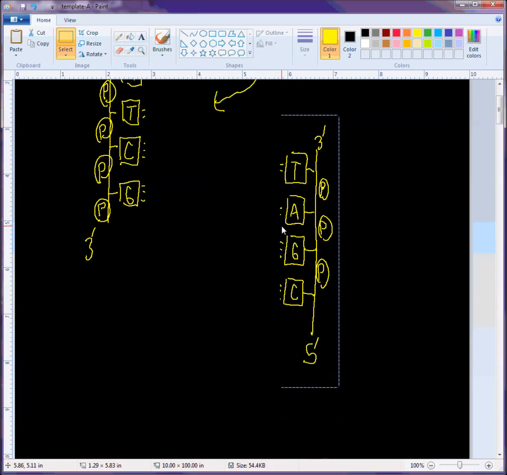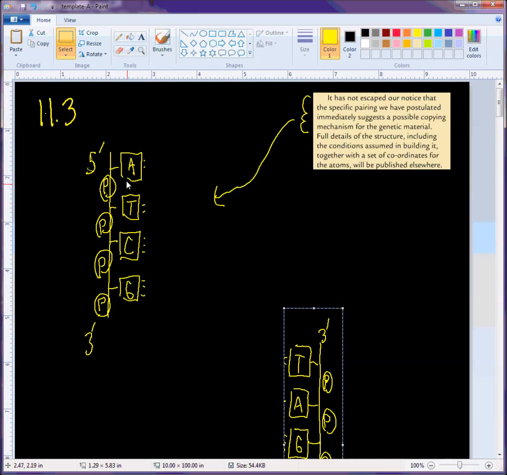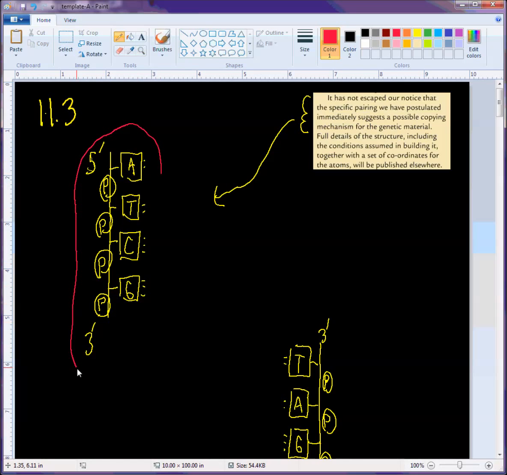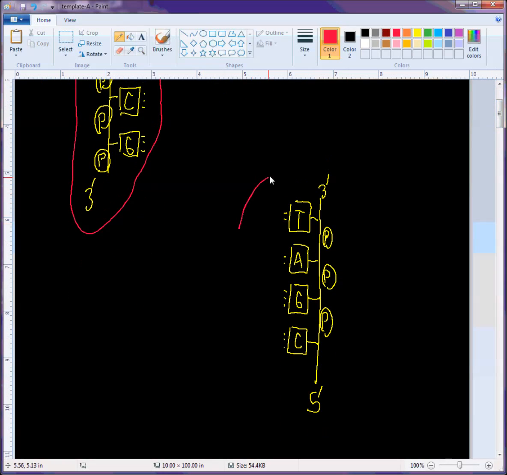Okay, just take one strand, separate the strands, and this strand right here, let me switch to the pen, different color, can serve as the template to make one strand. That copies that strand, and this serves as the template to make the other strand. So DNA's been replicated.